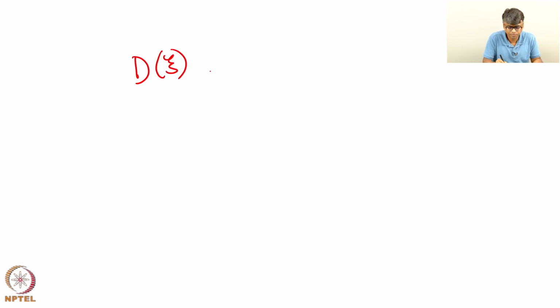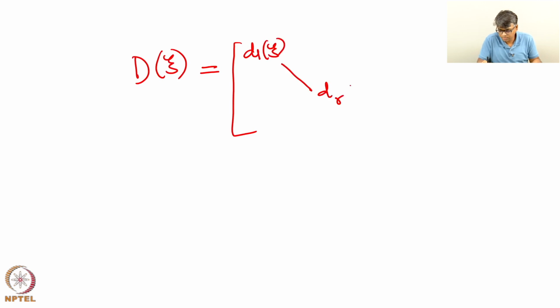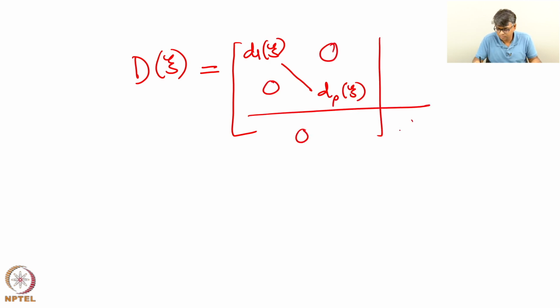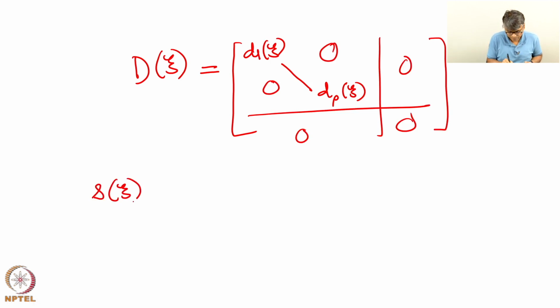What is the shape of D(ξ)? D(ξ) looks like d1(ξ), dot dot dot, up to some d. Should I use the same? It might be a little confusing for you. Let me use rho, d_rho(ξ), 0, 0, and everything else is 0. Yeah. What is it that kills this guy? If S(ξ) multiplying D(ξ) is equal to 0, then what can I say about S(ξ)?